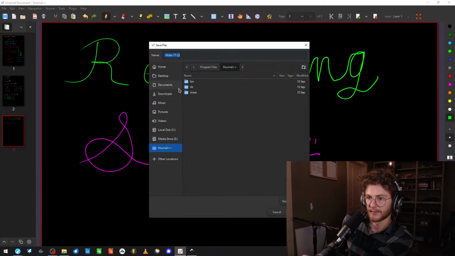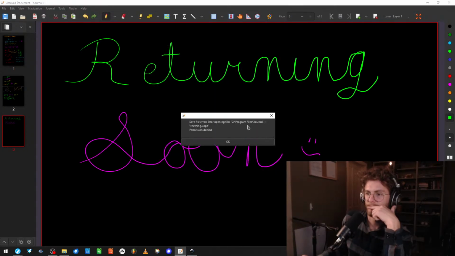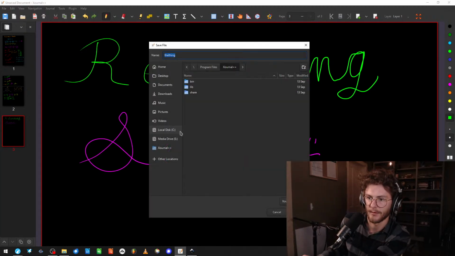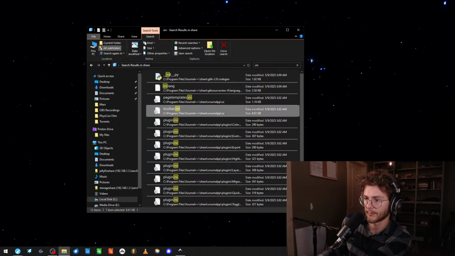Okay, let me save this. Oh, Control Shift save. It needs to be under Documents. Okay, now I'm going to save under Documents. Save. Cool. We're going to get rid of this, and we're going to reboot it.